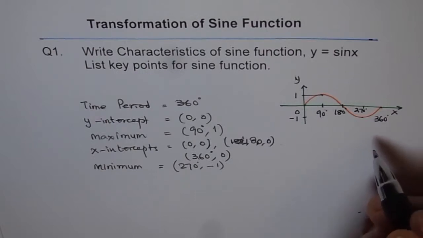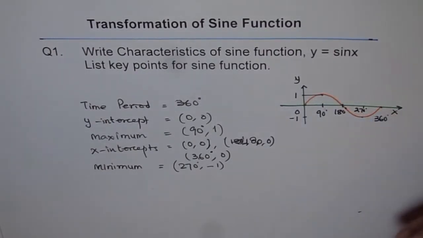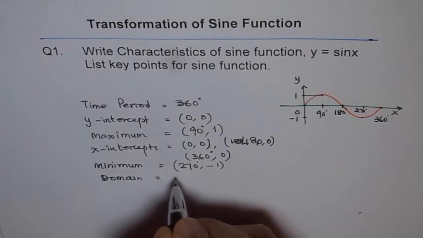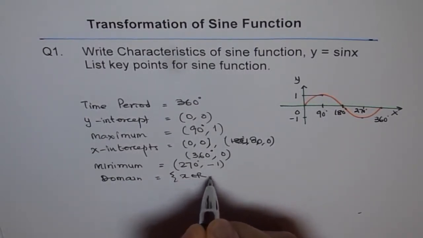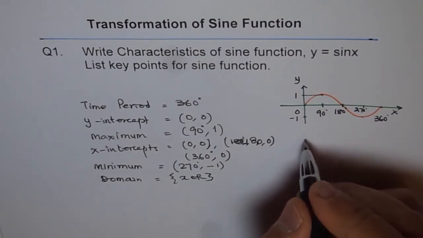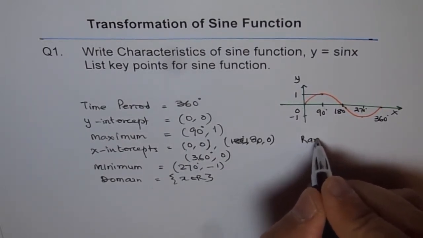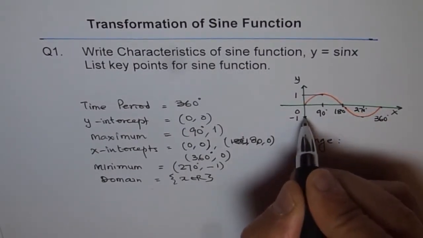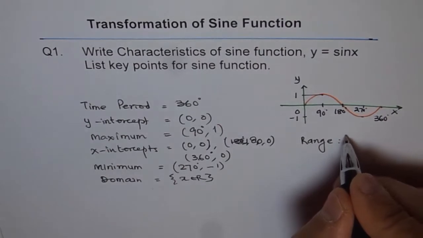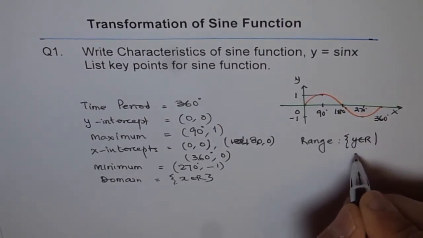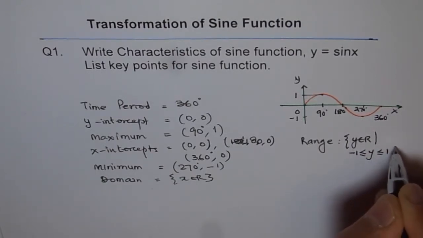Now the other parameters are, this is periodic and therefore domain is all real numbers, right? And how about range? Let's look into the range now. Range is from minimum minus 1 to maximum 1, right? So range is y belongs to real numbers, so that y is from minus 1 to plus 1.